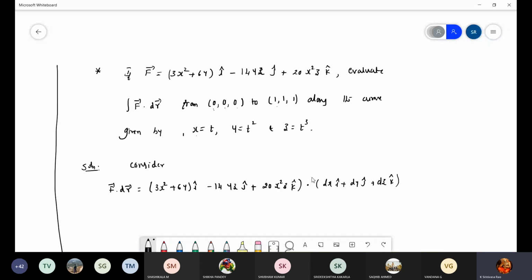So in this way also you can write directly, because r is standard and dr is also standard.